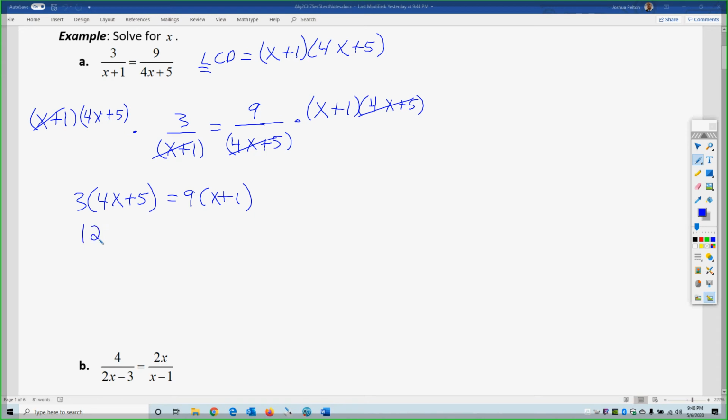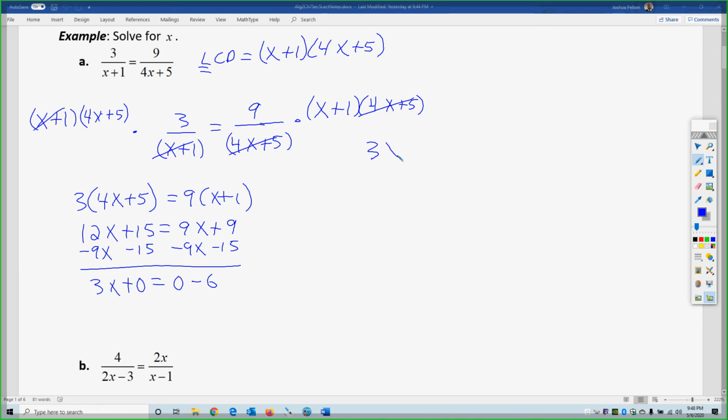So 12x plus 15 on the left and 9x plus 9 on the right. We'll move the 9x to one side, so the x's are by themselves, and move the 15 to the other side, so the constants are by themselves. That would be 3x plus 0 equals 0 minus 6.